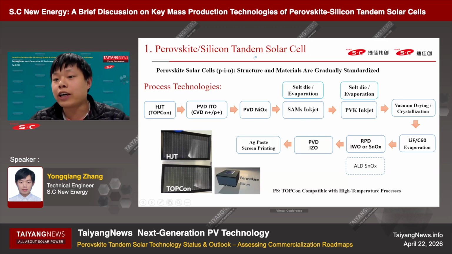Then we can use evaporation to deposit the ETL and some more functional layers. Next, we fabricate the buffer layer. For the buffer layer, we can choose IWO or tin oxide, using RPD or ALD. Then we continue with PVD to deposit the TCO. Here we choose IZO. Finally, we screen print the silver paste, and you can see we get the final tandem device.